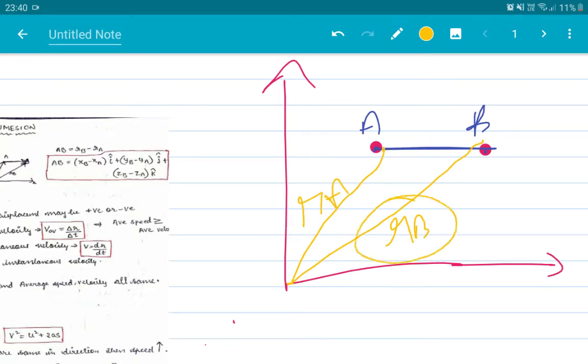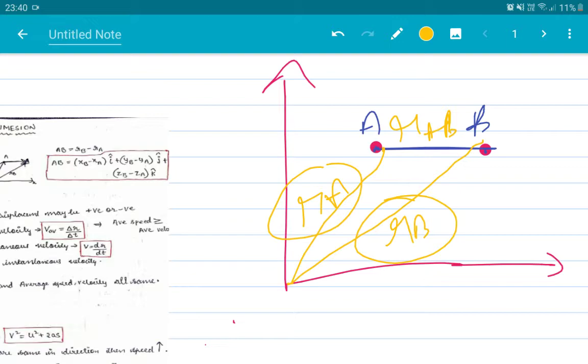Now RB minus RA will give you AB. AB we'll mark as RAB. So RB minus RA will give you RAB. Why are we doing RB minus RA? As we can clearly see, B is much ahead of A. So we are doing it like that.